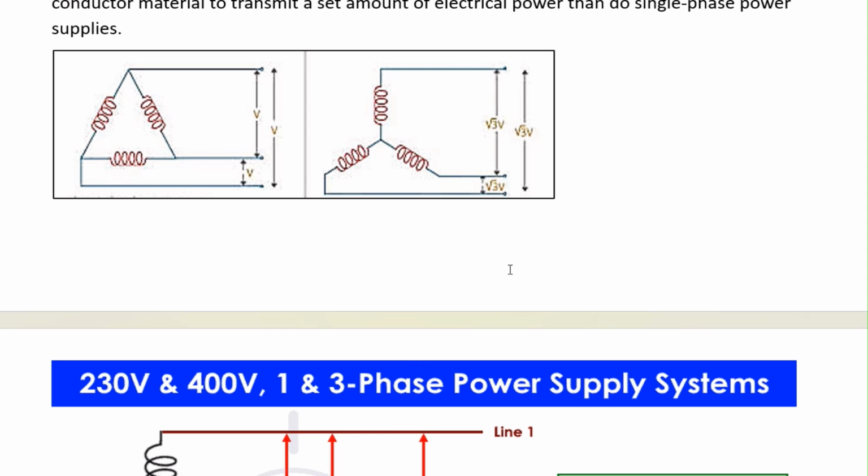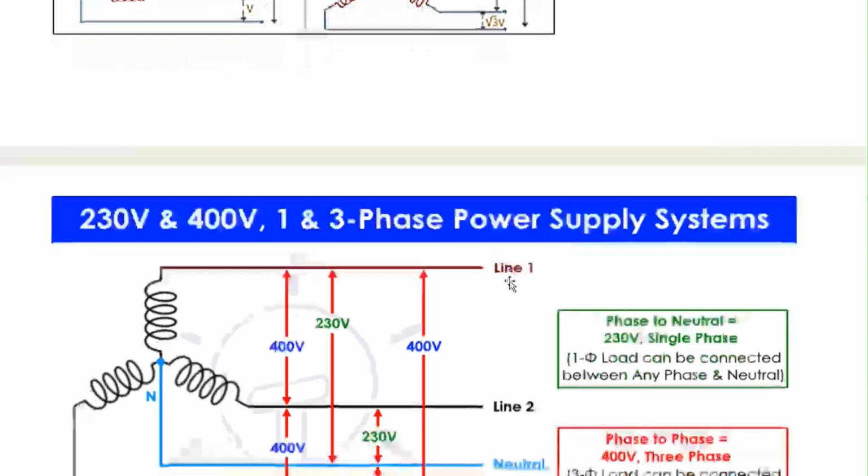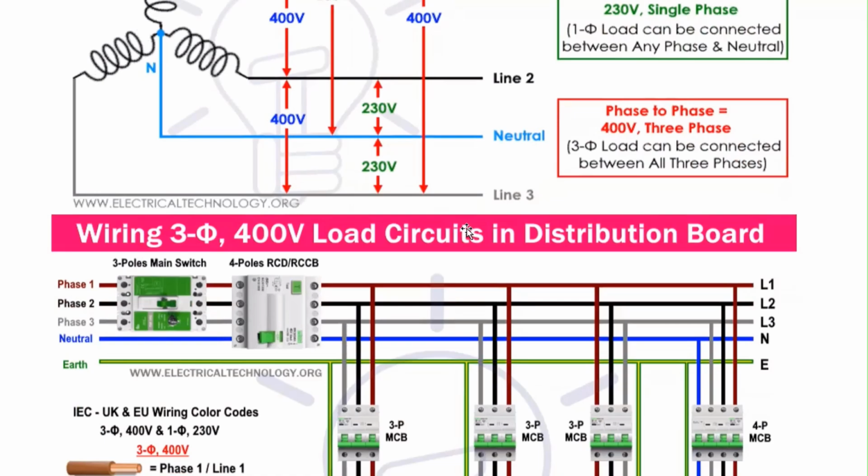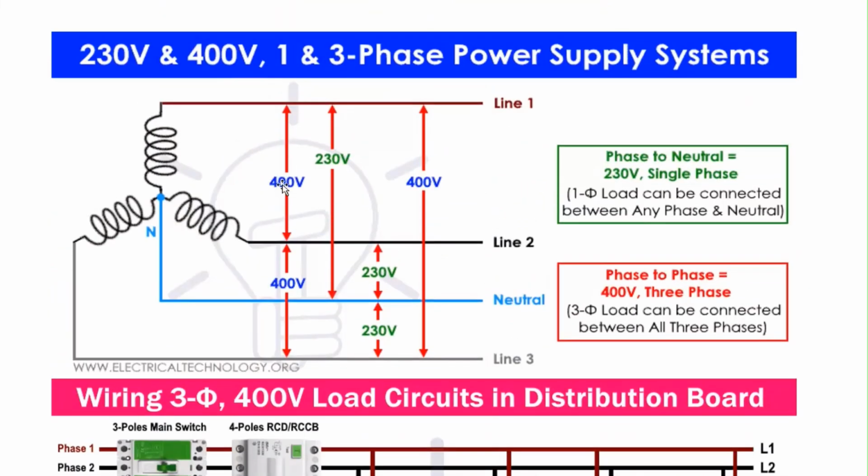These terminals are available for you, and you can connect them to the load. You can connect them in this manner, like here, 400 volt is available, and 230 volt is available between neutral and any of the phases.